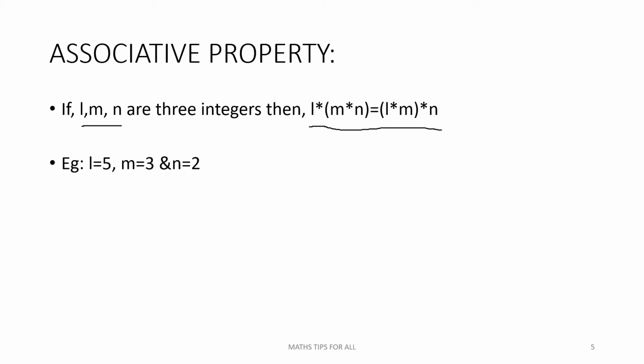Let's take an example. Here in this example, let's consider L is equal to 5, M is equal to 3 and N is equal to 2. Let's substitute these values in this property.